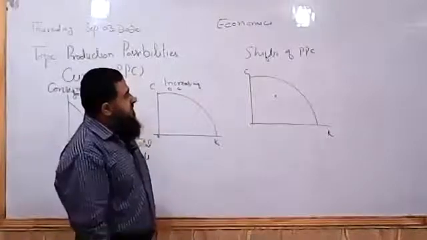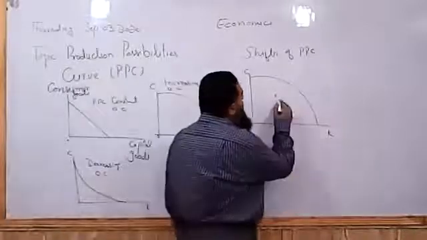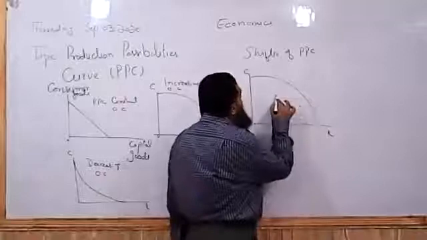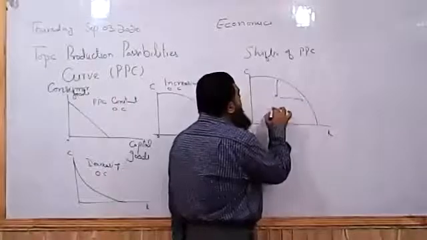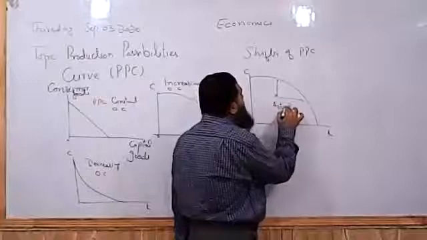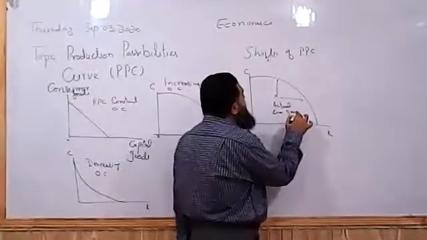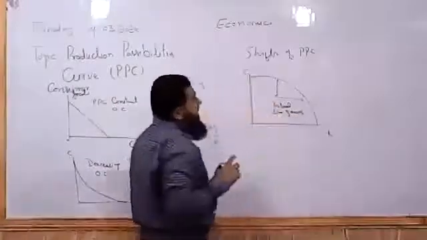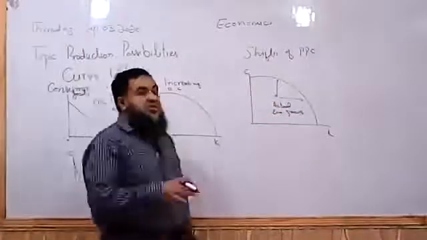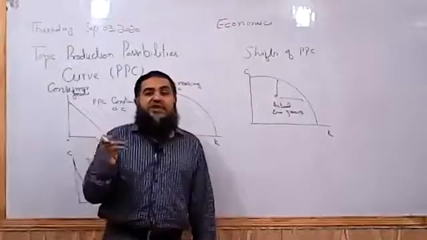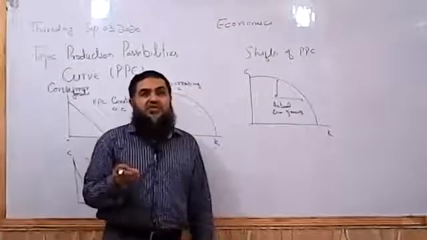So when the economy moves towards PPC from either side, we say actual economic growth is taking place. Actual means now we are employing the existing resources because of increase in aggregate demand in the country.